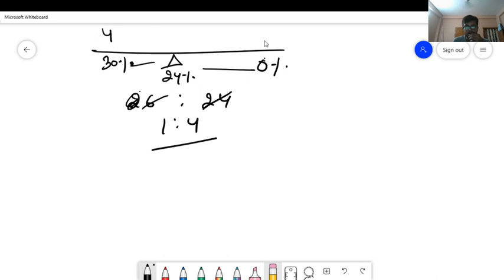This will be 4 is to 1, and this was added as 20 ml, sorry. And we can find easily that 80 ml was present here. Clear to everyone?